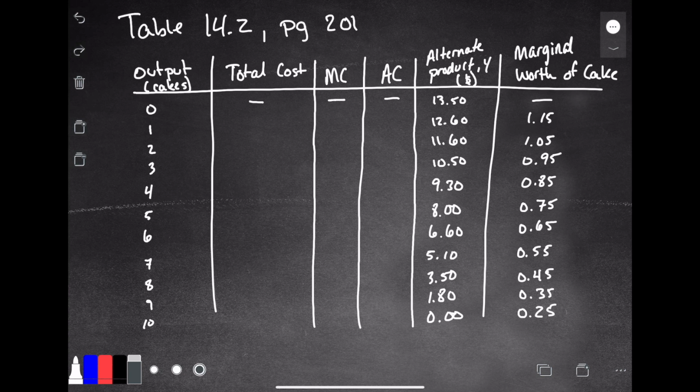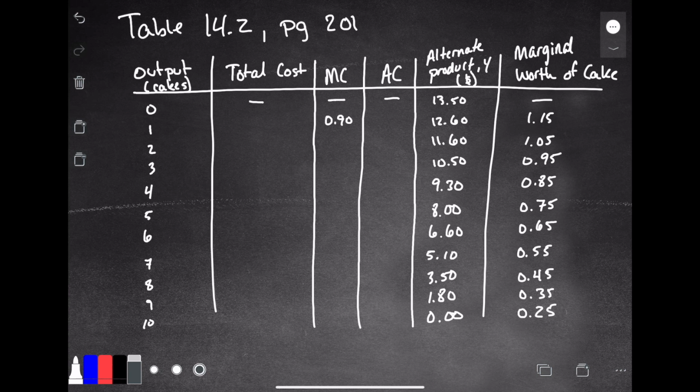That doesn't really make much sense. Okay, so to figure out the marginal cost of the first cake, we have to look at how much Y Adam is going to give up. So Adam is left with $12.60. He had $13.50. And so we can say that this is now going to be a marginal cost of 90 cents.